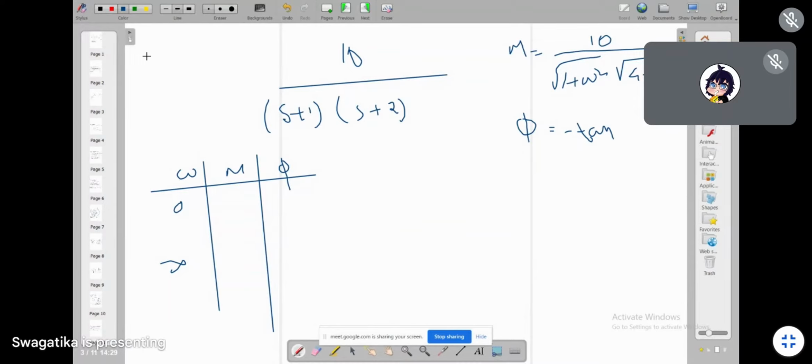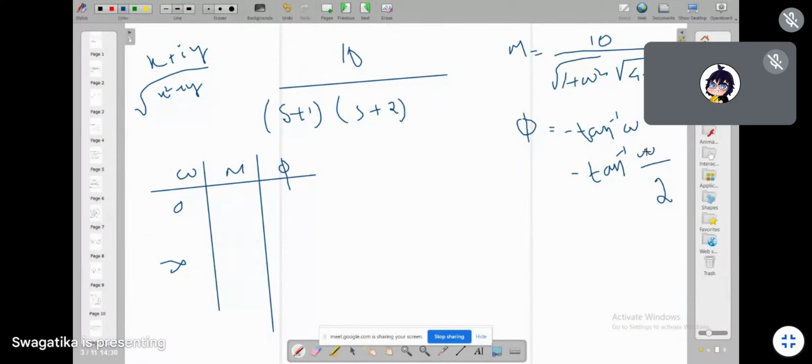The magnitude of a complex number x plus iy is root over of x square plus y square. Then tan inverse omega, minus tan inverse y by x, omega divided by 2. Is that okay? Minus tan inverse omega, minus tan inverse omega by 2. Yes, ma'am.